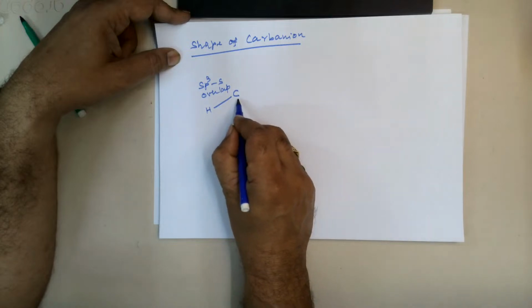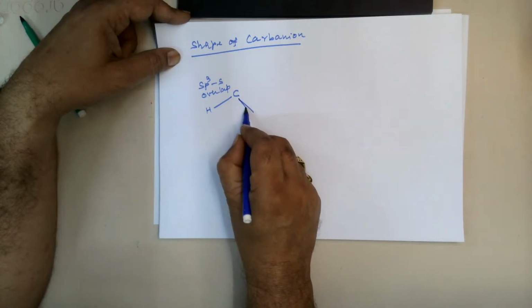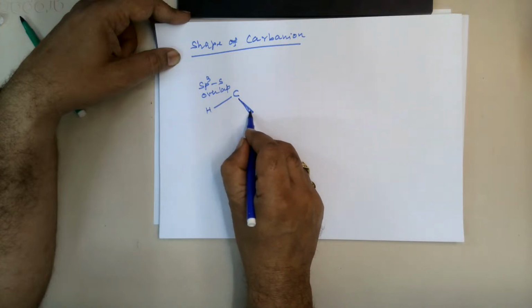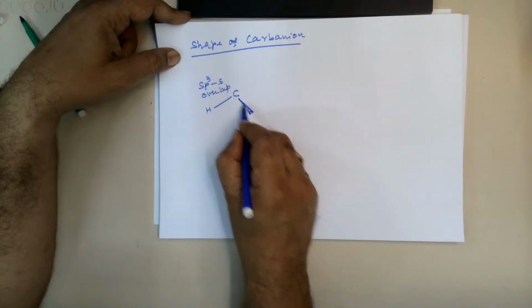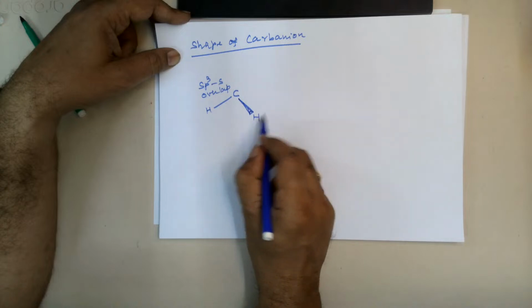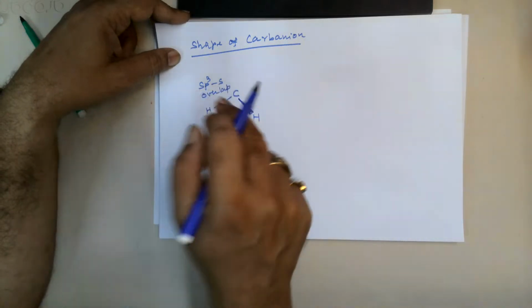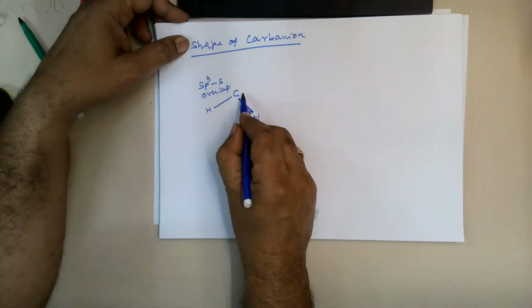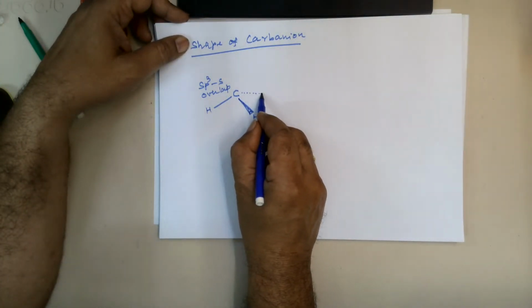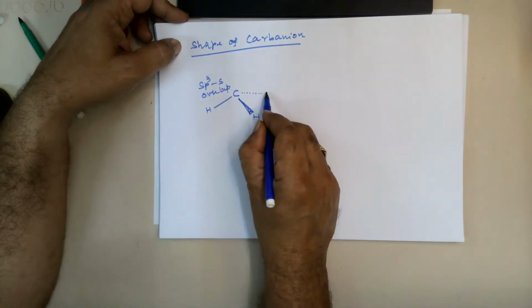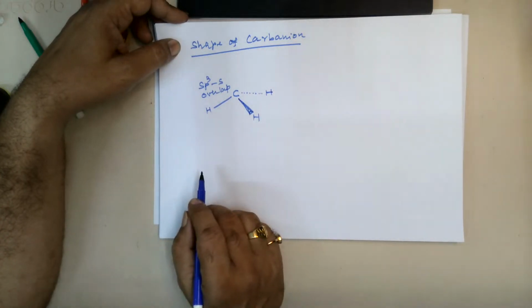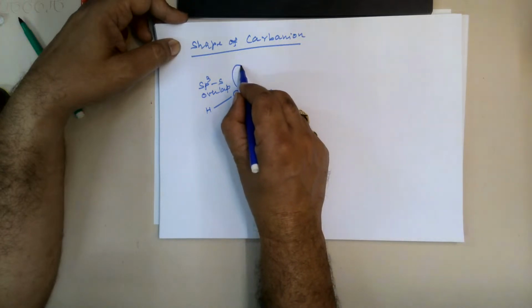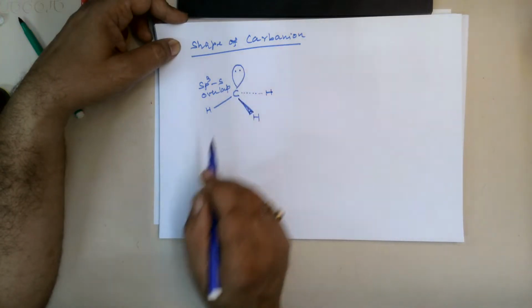And now you have hydrogen. One hydrogen is on the plane of the paper, another hydrogen which is represented by a bond with a triangular pattern, so this indicates this CH bond is above the plane of the paper. And then this one is below the plane of the paper, and that is indicated by a dashed bond to H. And now you have an additional lone pair of electrons here.